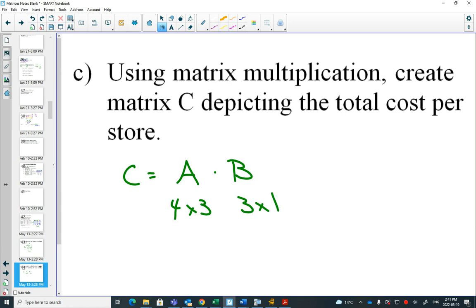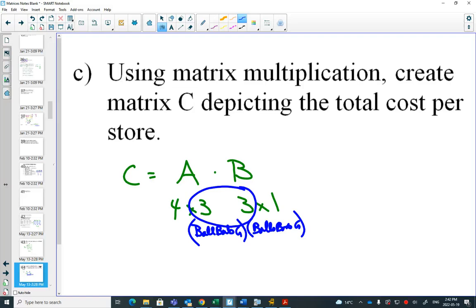Now, in matrix multiplication, you know that these middle two numbers have to match, but in a word problem, not only do they have to match, but they have to match in what they stand for. Balls, bats, gloves, exactly the same as well.